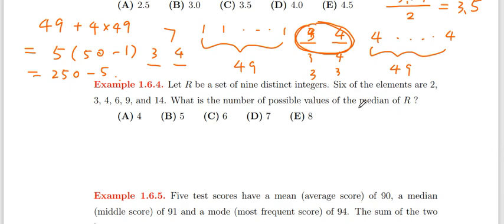Okay, so for this problem, R is a set of 9 distinct integers. We have the numbers 2, 3, 4, 14.